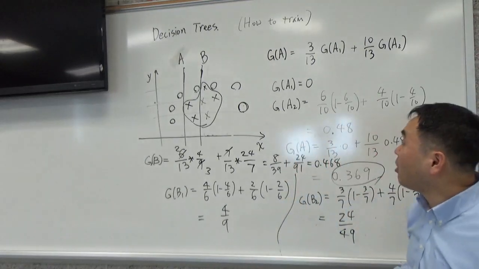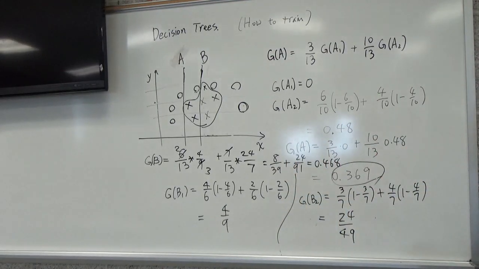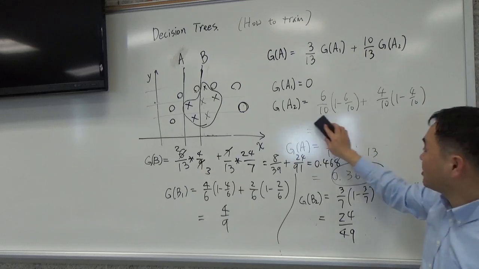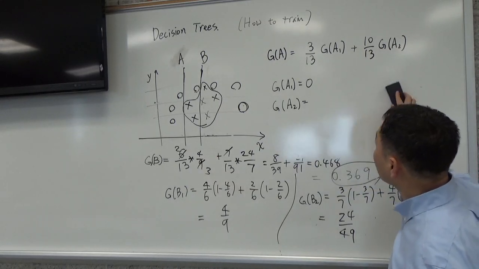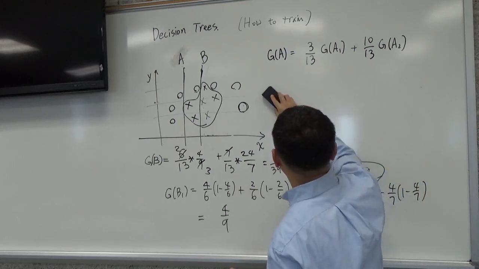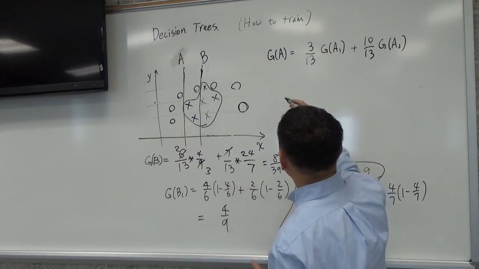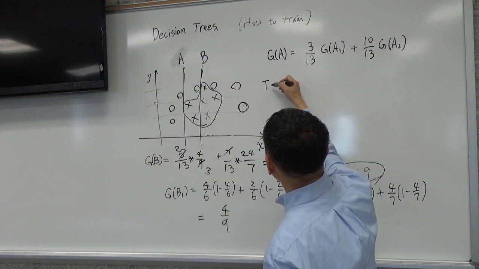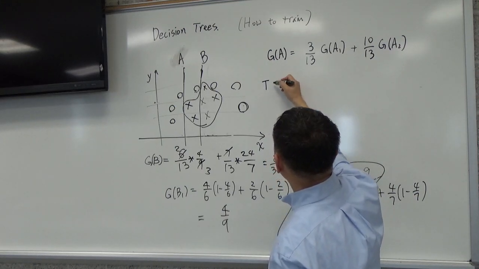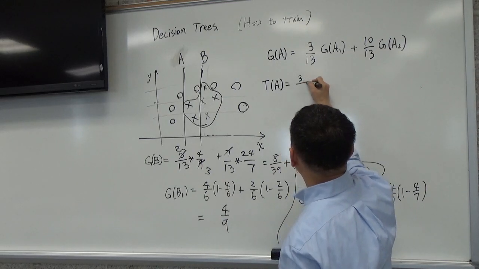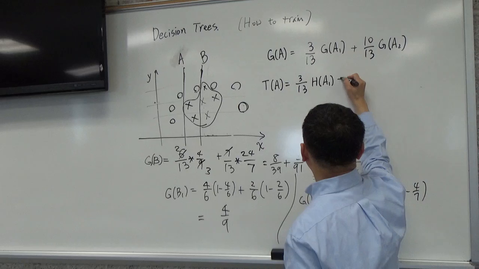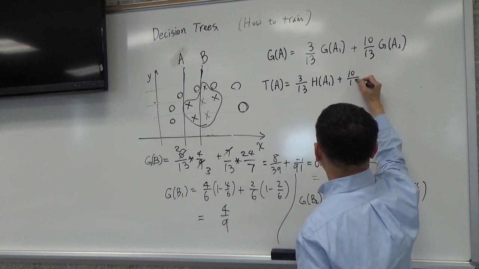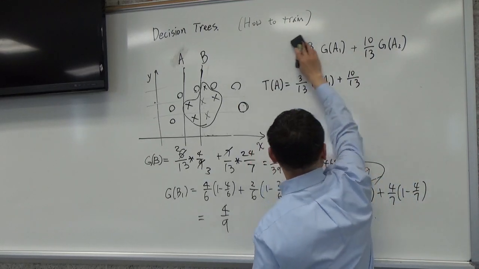Now, you could also do the same thing, which is less easy to compute, but you can also use the total entropy. So the total entropy of A could be written as the entropy of each. So let me rewrite this.